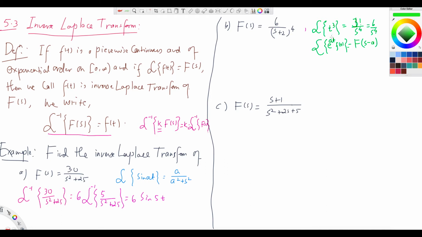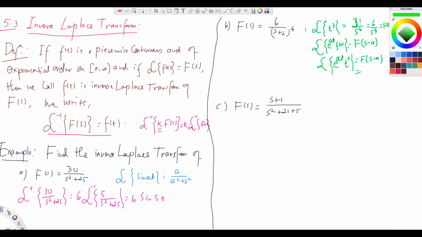So if you do this, let's take f(t) is t cubed. This is basically F(s). Now this will become F(s minus a).